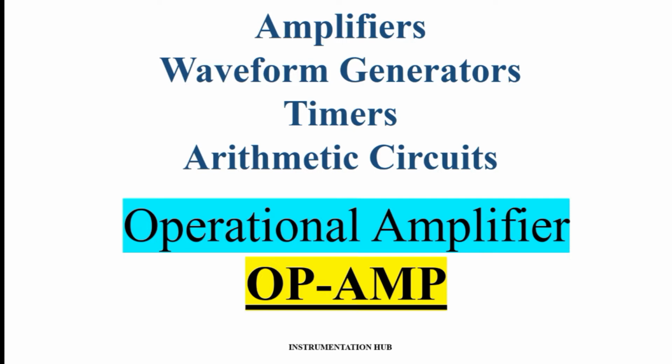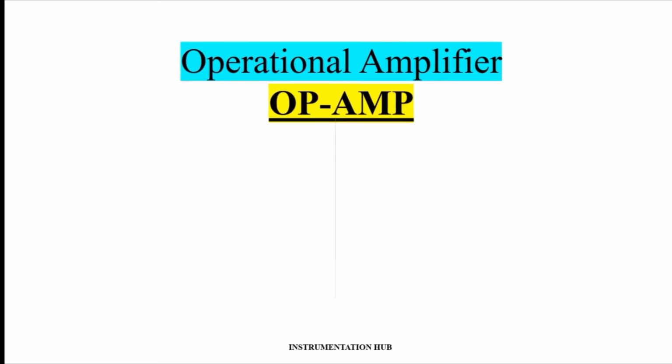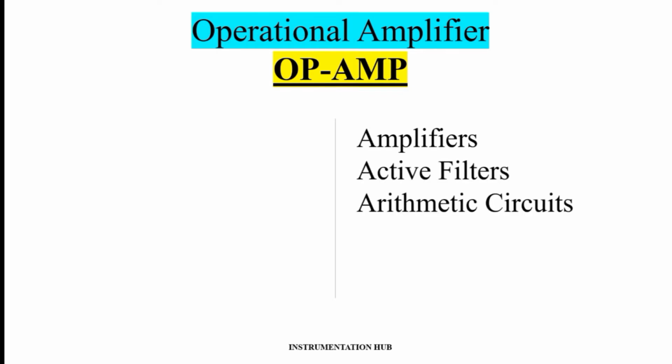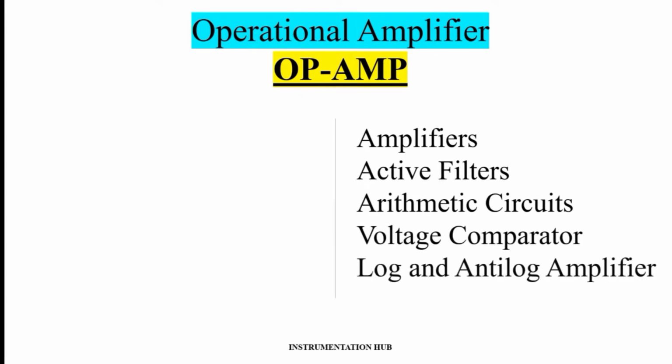As I mentioned, there are so many applications of OPAMP in the electronic field. I will tell you some of those. Some of the important applications of OPAMP are amplifier, active filters, arithmetic circuits, voltage compensator, log and anti-log amplifiers.